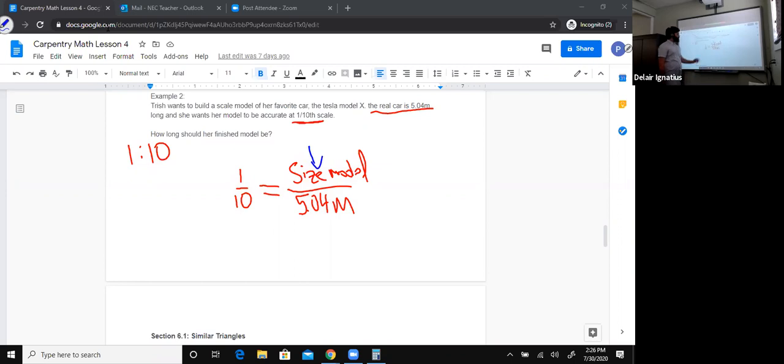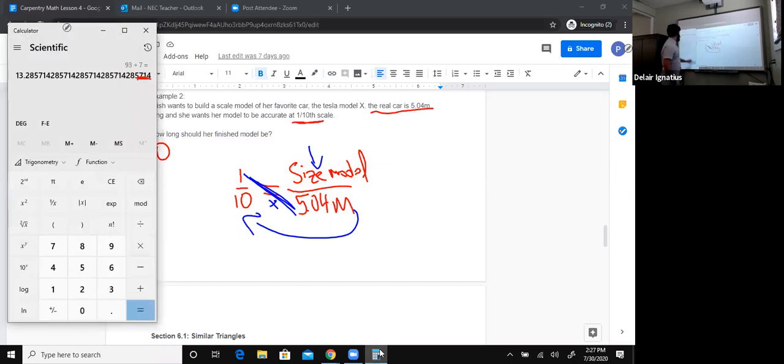So what do? We cross multiply, two numbers on an angle get multiplied, and we divide by the last number that we have. In this case, we're going to clear everything. I'm going to erase that little red line. 1 multiplied by 5.04 is just 5.04. And then we divide by our last number, which is 10.